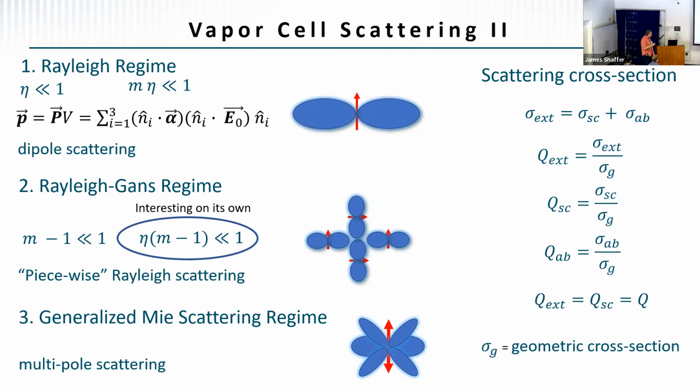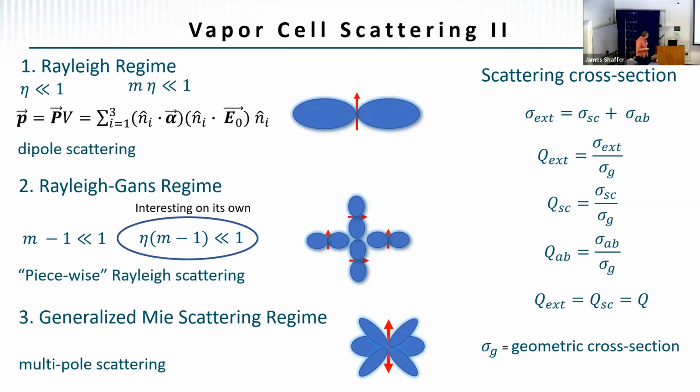So maybe this is a bad example of a vapor cell, because I drew these as equally sized dipoles, but if these are the walls of the vapor cell, and we had a wave coming in here, there could be a dipole induced on each of the walls, and we might be able to treat each of the walls as one piece of the vapor cell, and then we just add up the sum of those, and we would be able to determine how the incident wave was scattering on the walls.